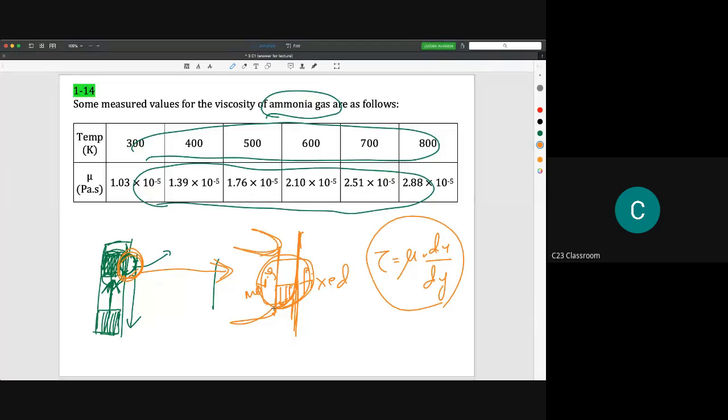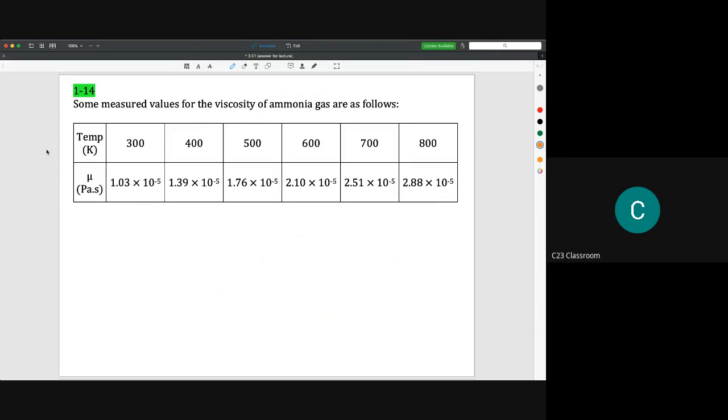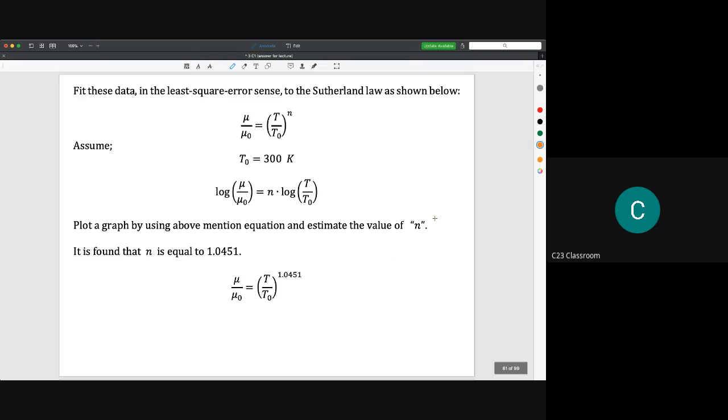But in this question, I would like to bring you another way, because you are masters, so you might need to do research with something that is really unknown. What you could do is depend on your graph. For example, this is the measured value of viscosity, so you will have a certain value. Then we have an equation to estimate the changes of viscosity with temperature.